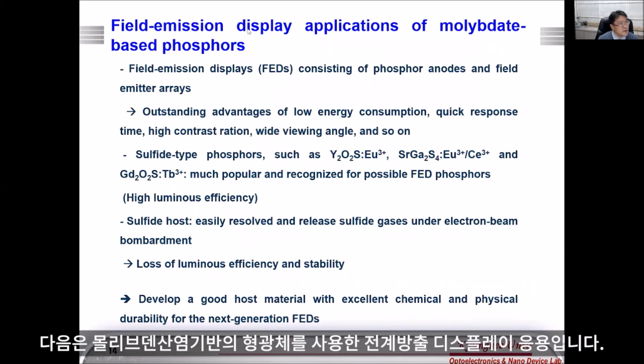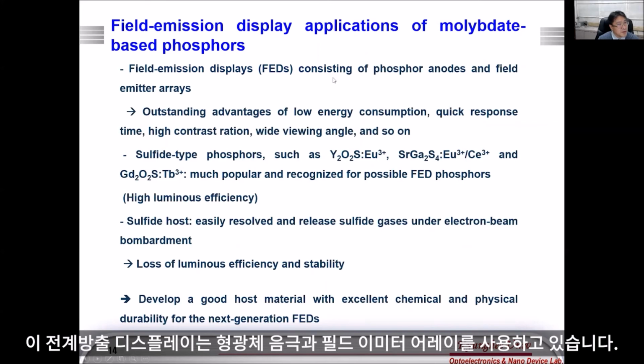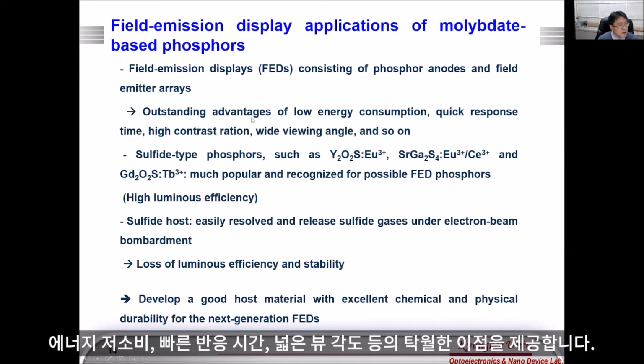This one shows the field emission display application using molybdate-based phosphor. This FED consists of phosphor anodes and the field emitter array. The outstanding advantages are low energy consumption, fast response time, and wide view angle.